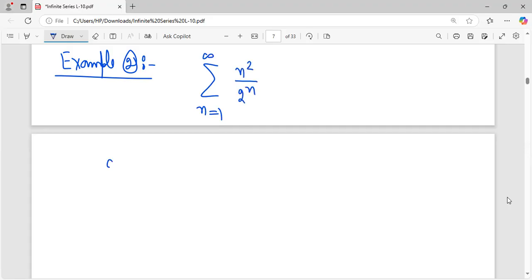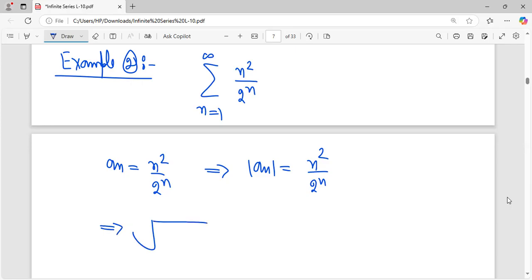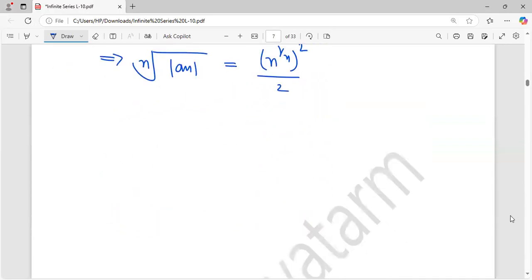So what is the limit as n tending to infinity?